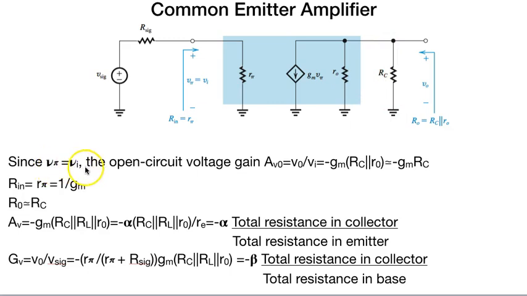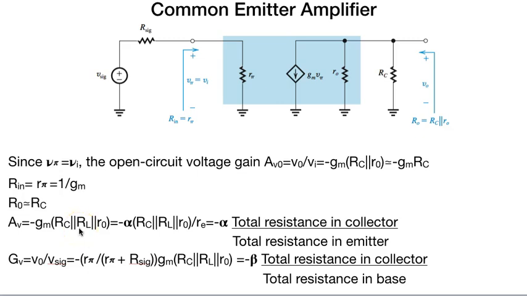So V pi is Vi, and the open circuit voltage gain V0 is minus GM times RC in parallel with R0, that is the output resistance. You could have RL also if a load resistance was connected to the output.